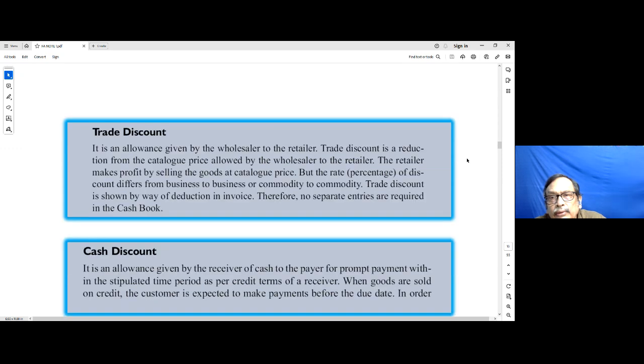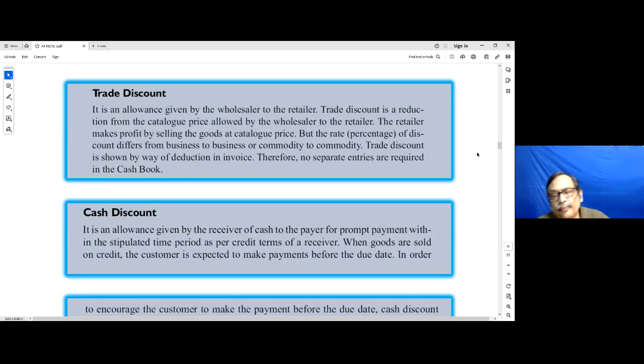Now we are coming to the next important concept, that is trade discount. Now what is trade discount? It is an allowance given by the wholesaler to the retailer. Trade discount is a reduction from the catalog price.